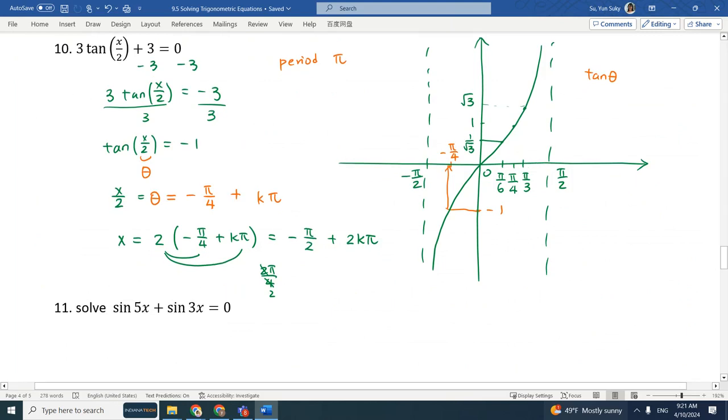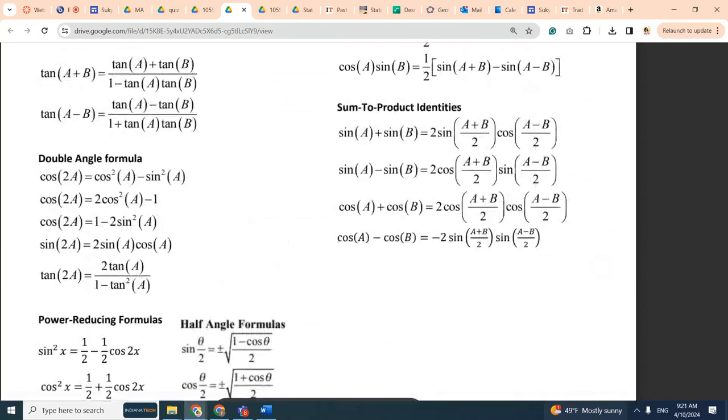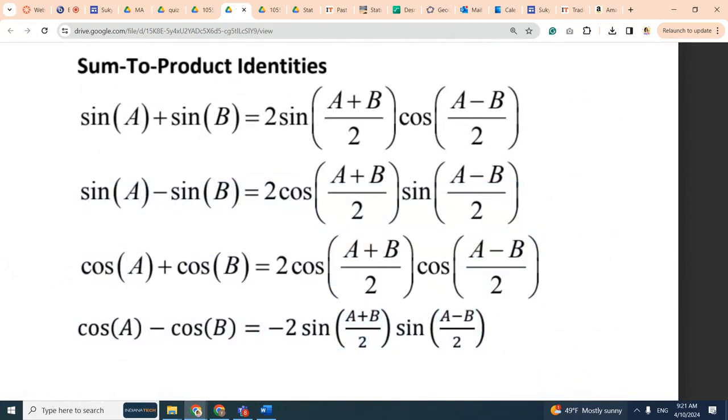If you have sine 5x plus sine 3x, you see this is a sum of two sine functions with different angles. We use the formula. What formula? Yeah, sum to products. Right, everybody? And it is the first one, right?